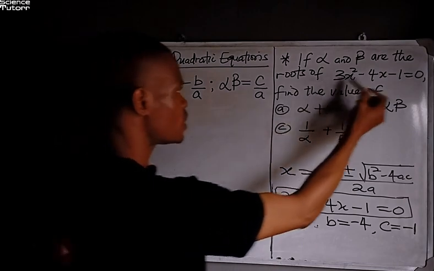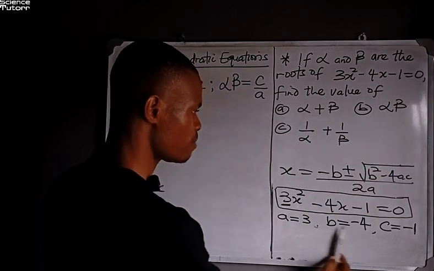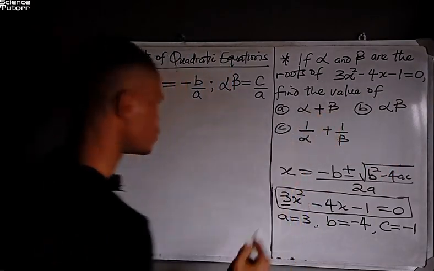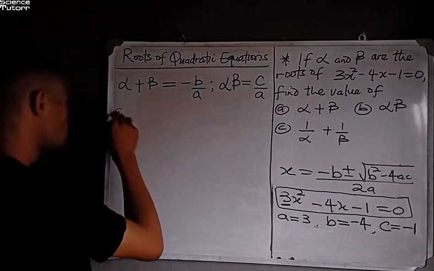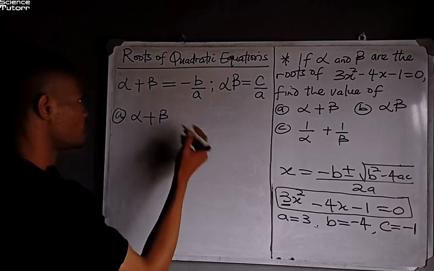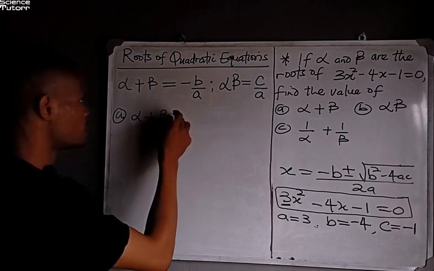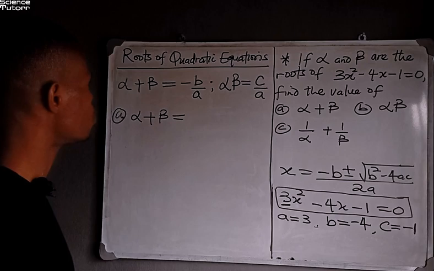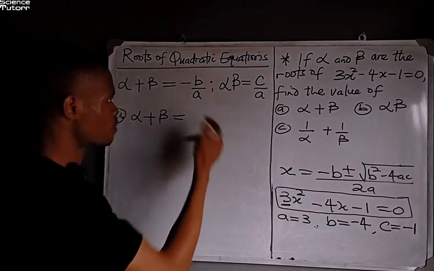Now, we are given this quadratic equation, we have obtained a, b, and c. Now, let us solve the problem. For the first case, we are told to find alpha plus beta. So alpha plus beta will be equal to minus b over a.